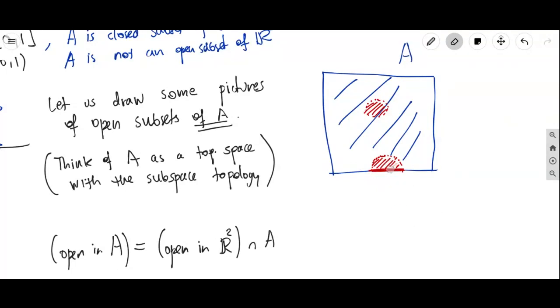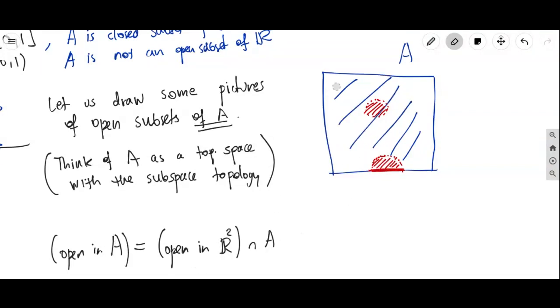So this is an open subset of A. It's interesting that you have these open edges going around, like what you would expect. But then this entire edge is solid and it's included, and yet this is an open subset of A. This is not what you would immediately think at first, because this is not an open subset of R2, but this is an open subset of A.